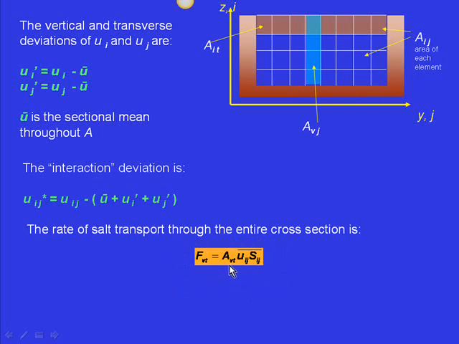So it's, again, the cross-sectional area A sub VT, which is the same as this A that appears here, multiplied times the Uij Sij. So that's it. That tells us the total salt transport throughout the section.